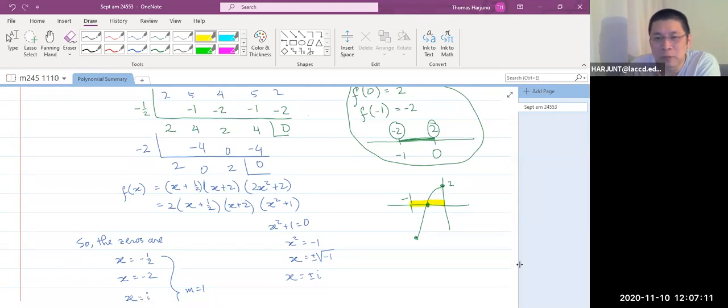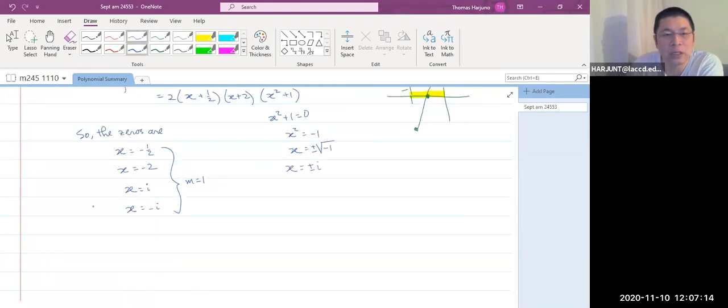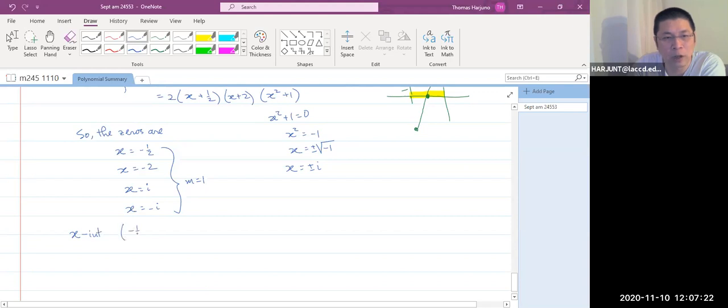Okay. Now from here, what do we see? What are the x-intercepts? The x-intercepts are (-1/2, 0) and (-2, 0). i and -i are not real numbers, so they don't become x-intercepts.